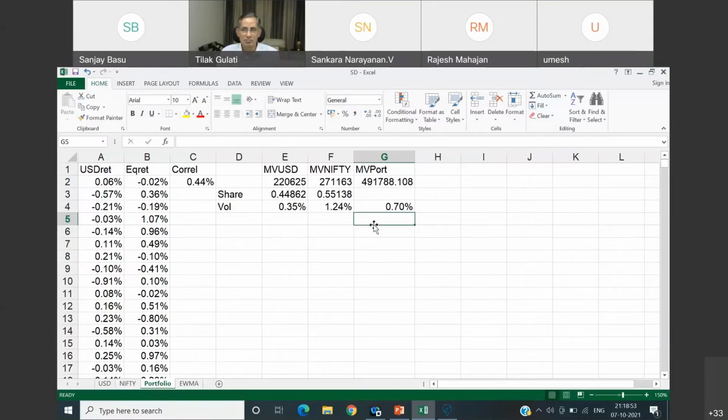Variance covariance assumes a normal distribution. True, but when you compute in a liquid market, for instance, forex market, when you compute historical VAR.